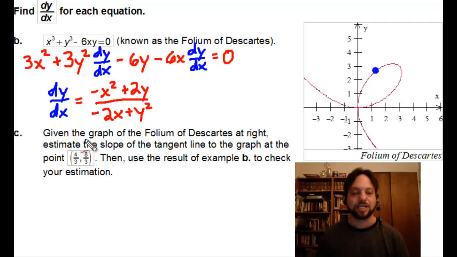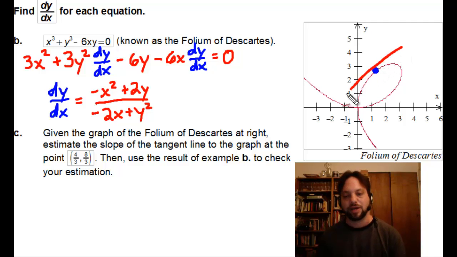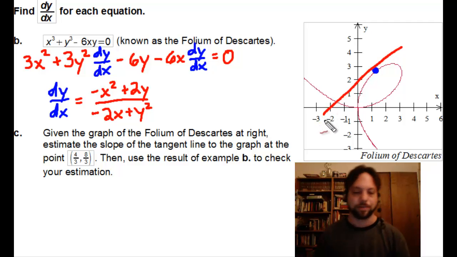Now, example C just tells us to do what you already did. Try to find the slope of the tangent line right here. And considering I can't draw a straight line, that certainly will be of no help at all. But you might have said pretty much any slope between maybe 1/2 and 3/2 would be reasonable.